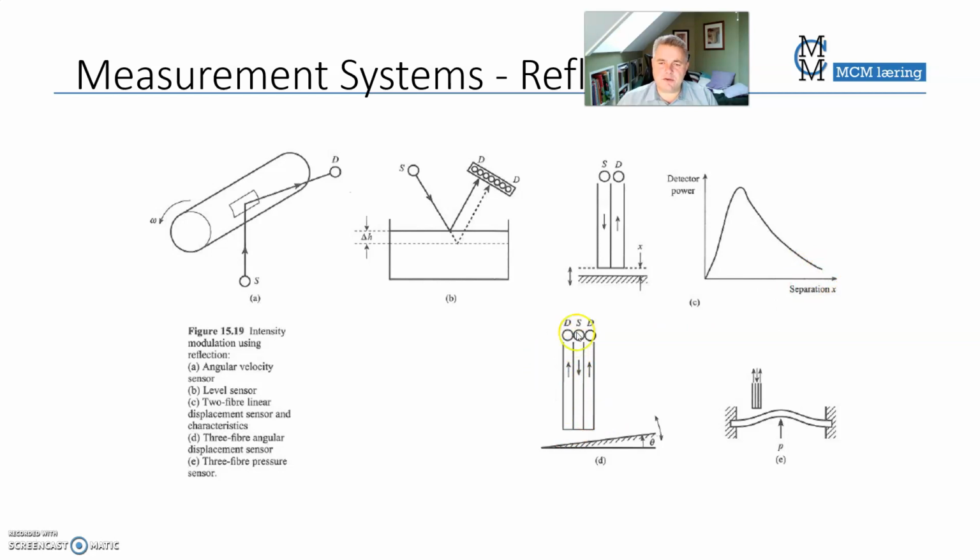So by having two detectors and one sender, you can determine at which point you are here on this full graph. For example, you can use this as a part of a pressure sensor, where this is the membrane between two chambers.